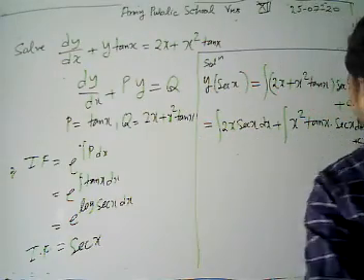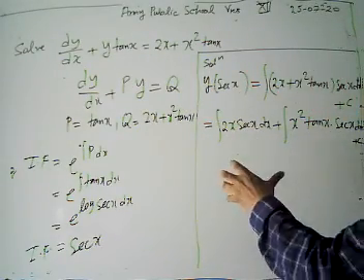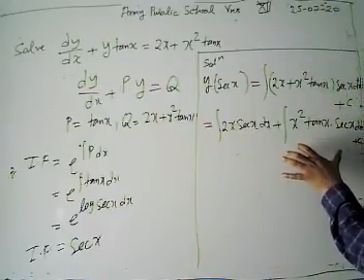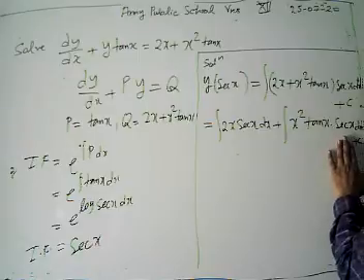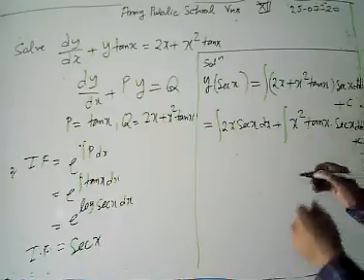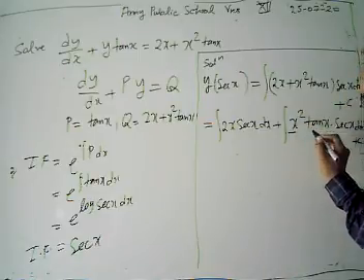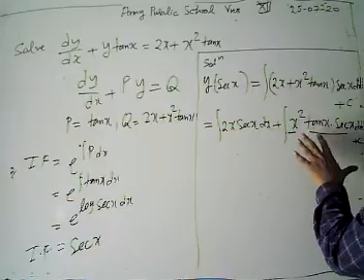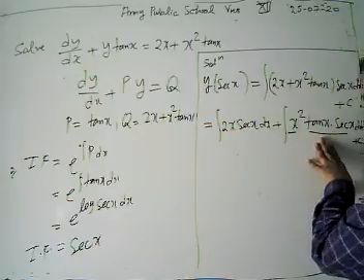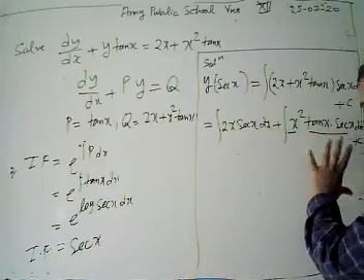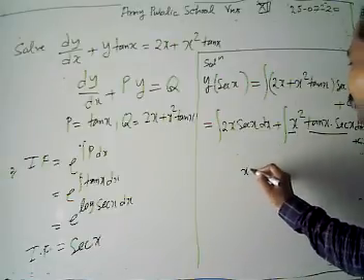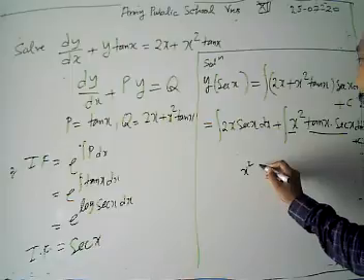Just consider this second integration part: x square tan x into sec x. This is our first function and this is our second function. When we apply integration by parts here, what do we have? We have x square, and the integration of tan x sec x is what?